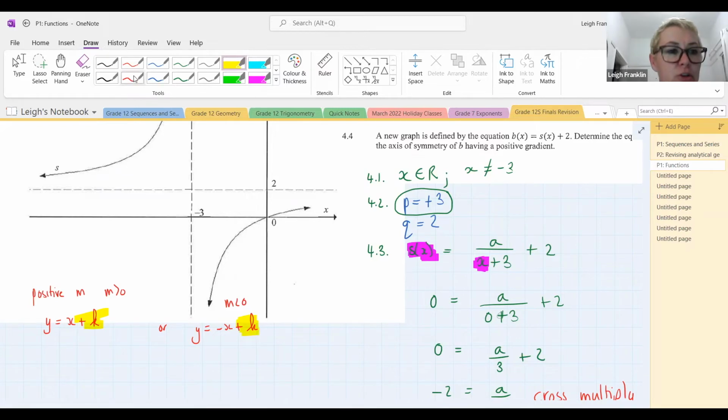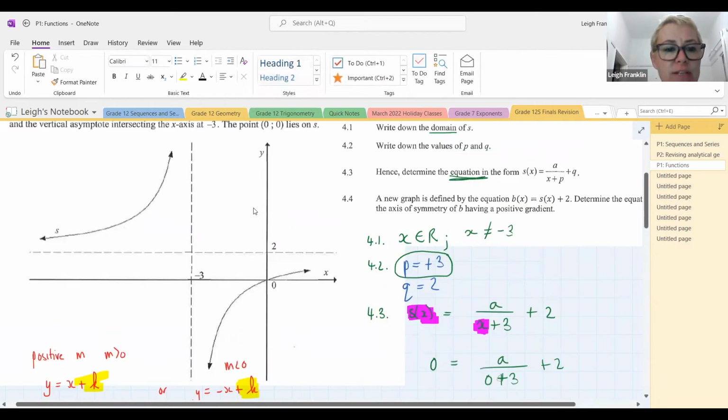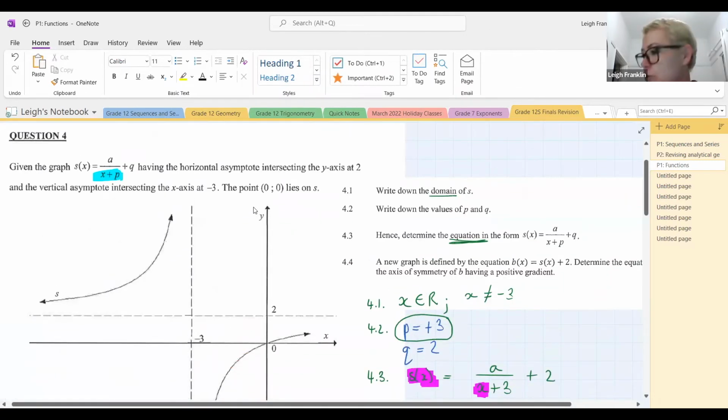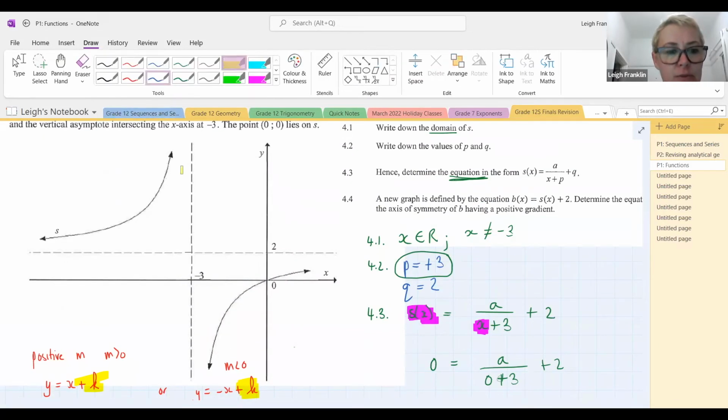The other thing that you need to remember about your axis of symmetry is that it will always go through the point of intersection of your asymptotes. So in other words, this point over here, let me just highlight it for you, it will always go through there.